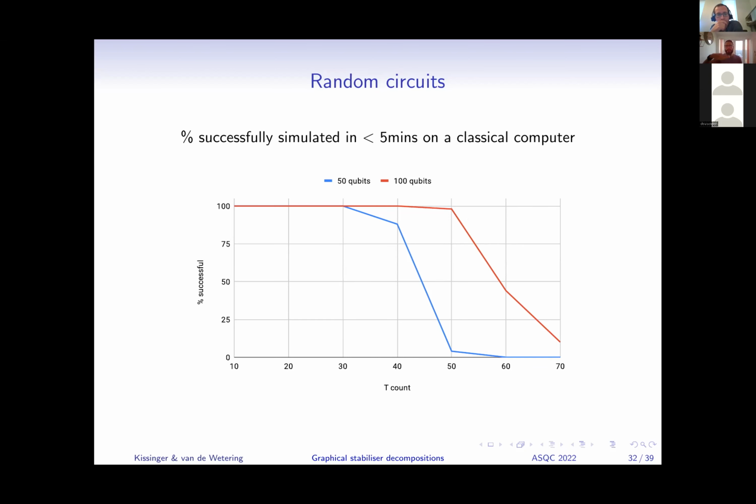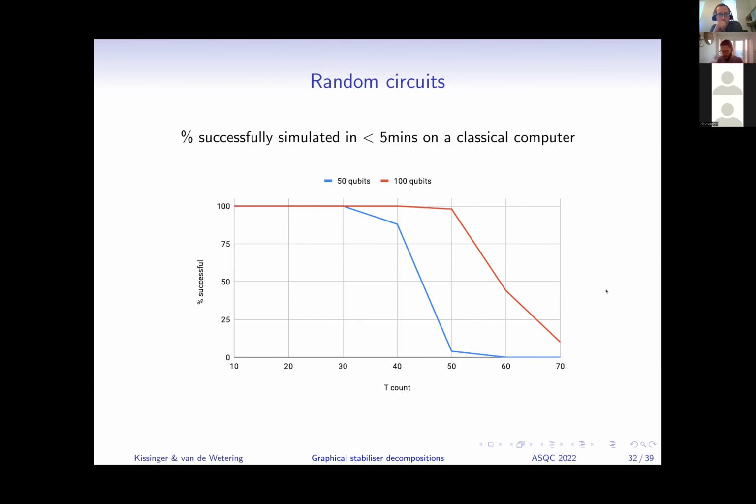You see that for 10, 20, 30, up to almost 50 T gates for these 100 qubit circuits, which are still relatively sparse, we were 100% successful. Then as these random circuits get deeper and deeper, this drops off, and you start to feel the sharp edge of this exponential behavior.